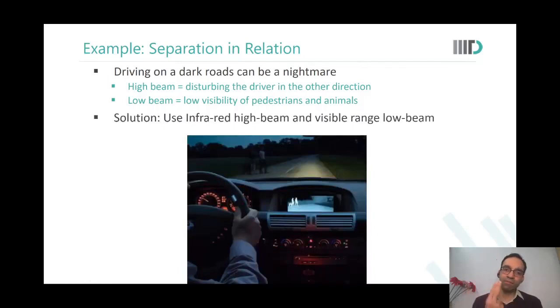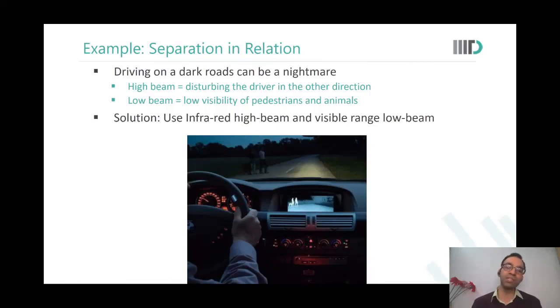There were two beams. The infrared beam was high beam, and the visible range beam was low beam. So the visible range beam would tell anyone, be it pedestrians, animals, or the other drivers, that there is a car coming from this side. And you see the dashboard of this car. Over here, you are able to see the pedestrians and animals that are right up there, so that you can slow down and let them cross.